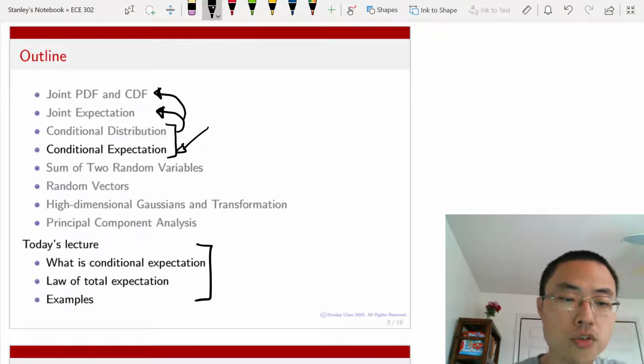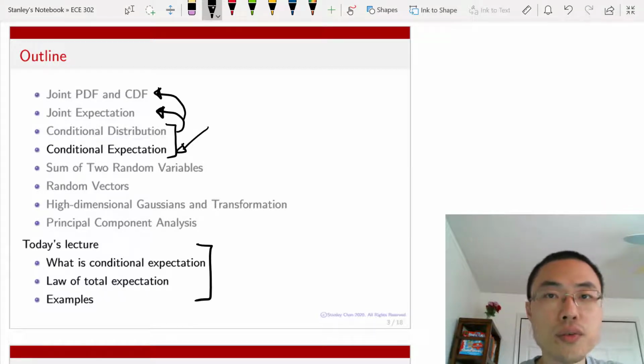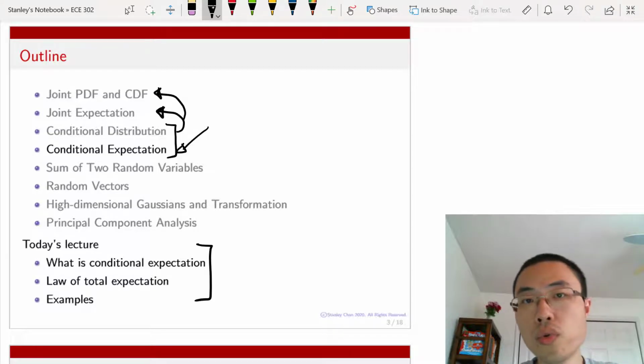In this lecture, we are going to learn about three things. One is the conditional expectation: what is the definition, and what does it mean? Two is a decomposition tool called the law of total expectation. And then we are going to talk about several examples to make sure that you understand the idea.